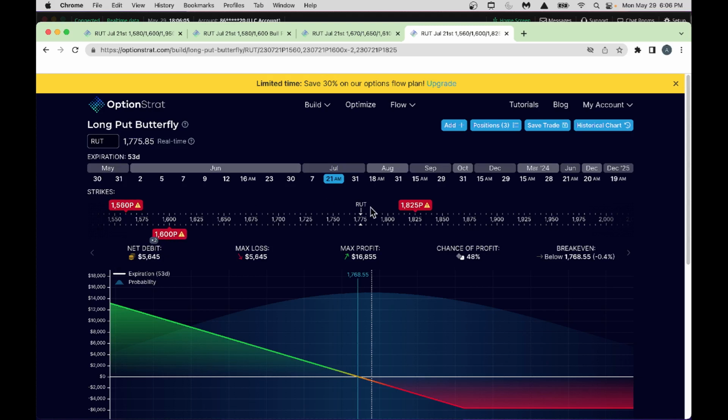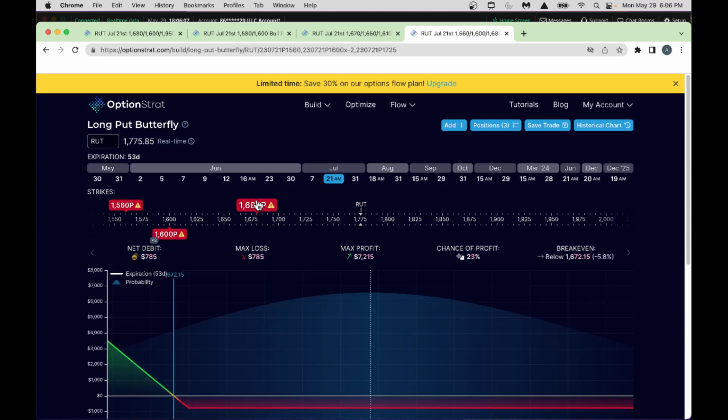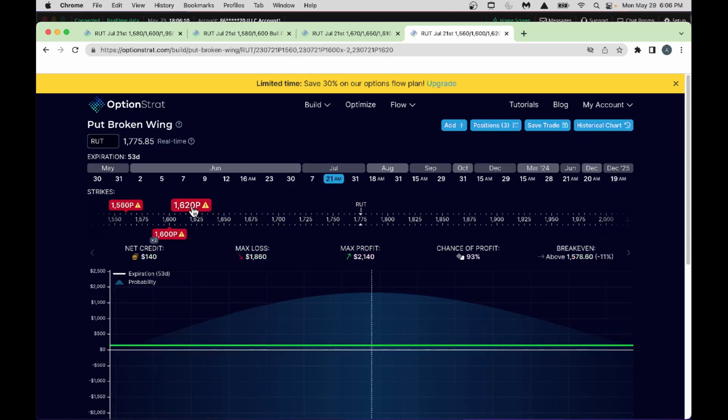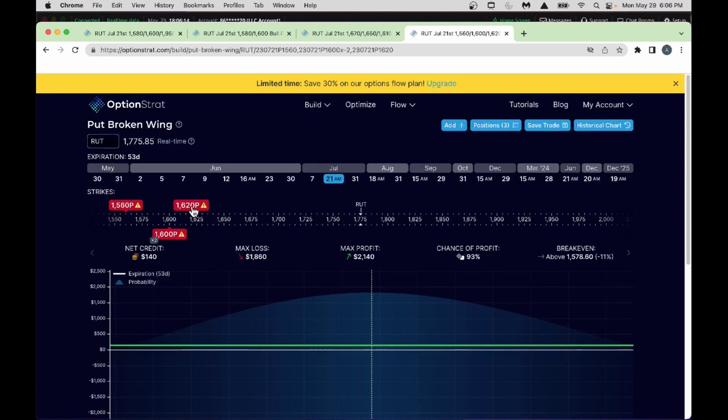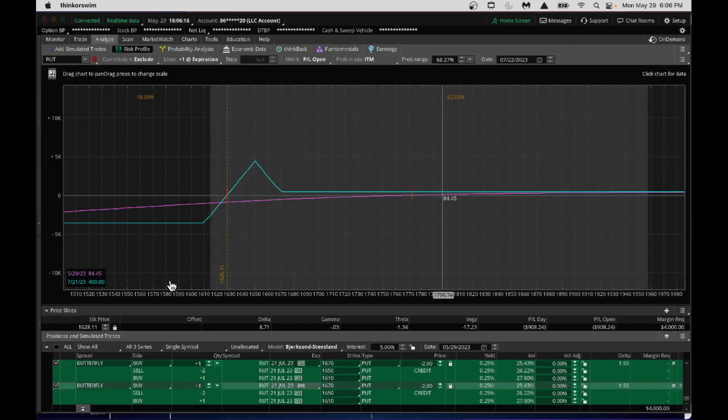That's $40, and on the protection side, 1620. There we go. So we got 1600, 1620, and 1560. So we got $1.40. Let's make sure it's the same thing here.